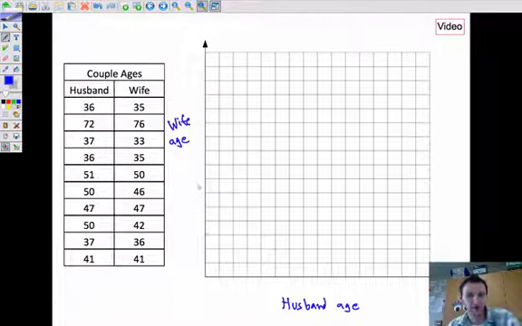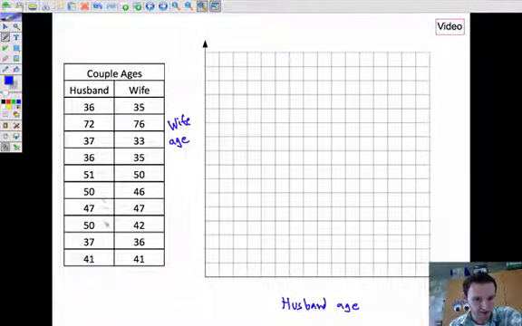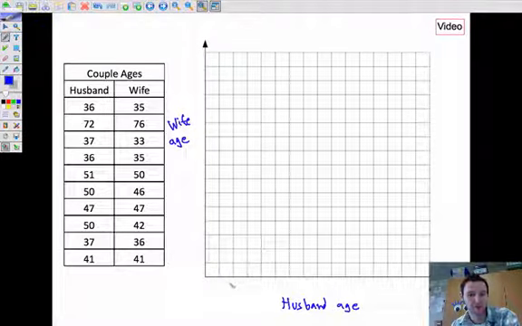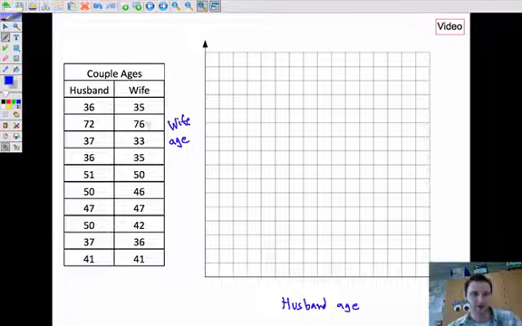And so if I'm going to create some sort of a scale here, it looks like our values range from about 36 to 72 actually, and then from 33 to 76 for the wife. So I'm going to scale these both the same since the values are pretty close to the same here.